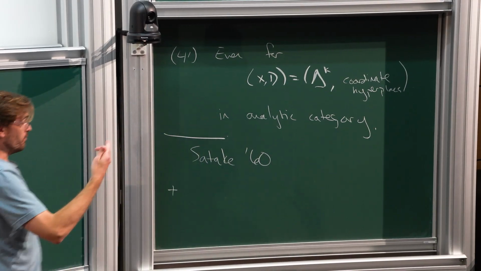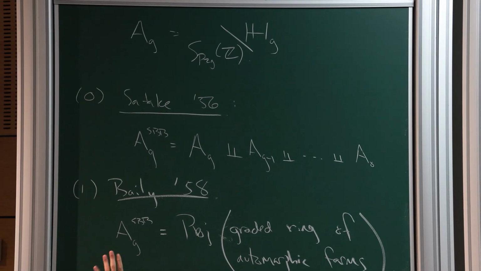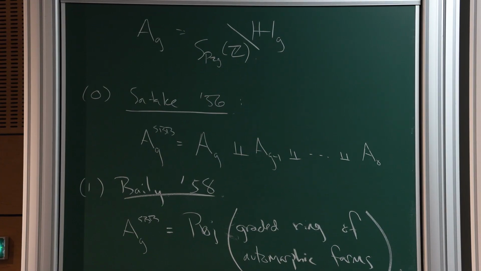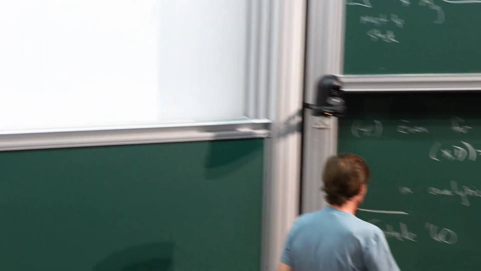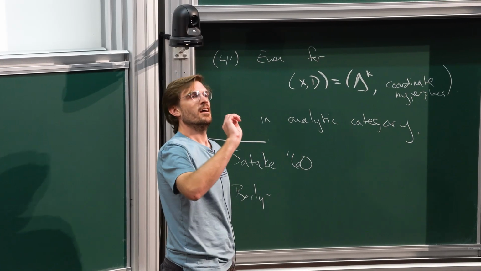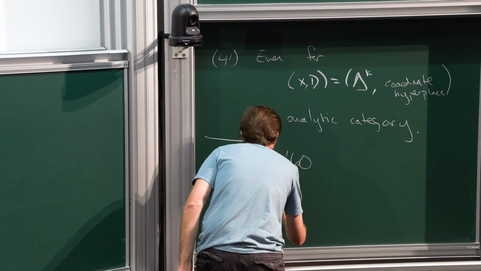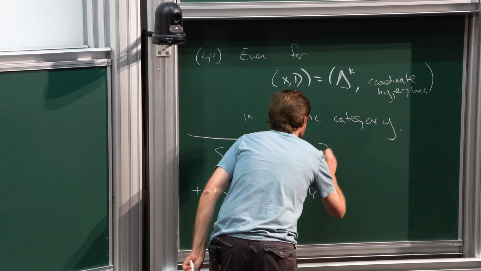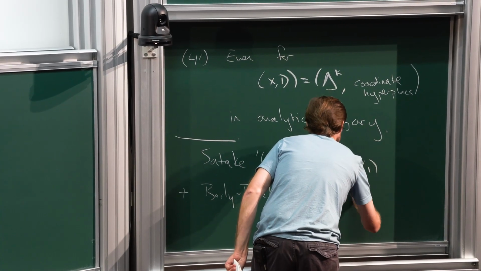And then Baily and Borel together proved the analog of 1, in other words, realizing that compactification as a projective variety given by Proj of a graded ring of automorphic forms, in '66. This is now for more general Shimura varieties. Sorry? This is for what? Yeah, this is for any Shimura variety. So these two together did 0 plus 1 for Shimura varieties.